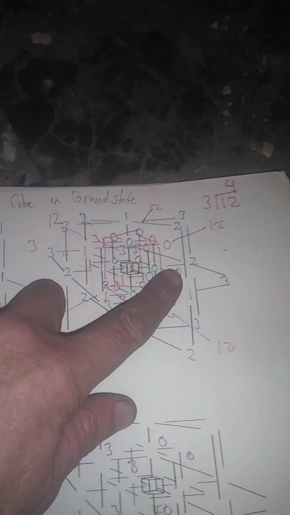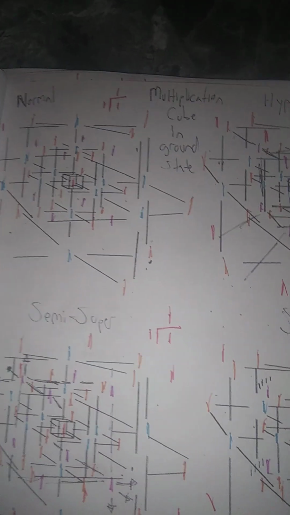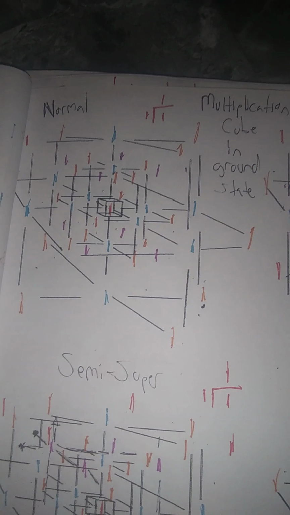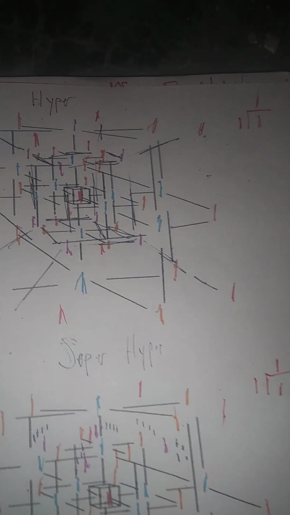And I'm sure if this was all zeros, it wouldn't have advanced on to these either. It would just remain 0. And then the same thing happens with the multiplication cube in the ground state, and that's its true ground state. If we have a single 0 in there, it would all crash down to zeros, the central and the outermost numbers. So 1 is the multiplication identity of this cube.